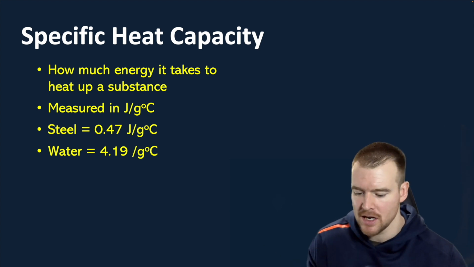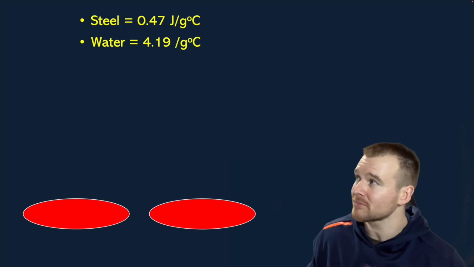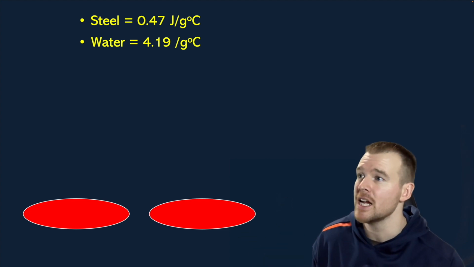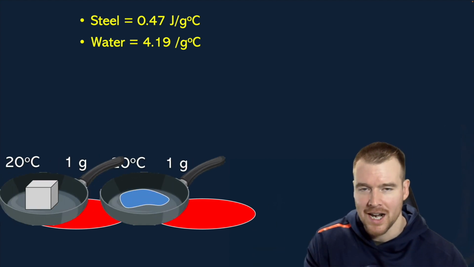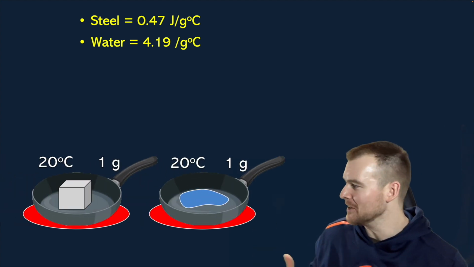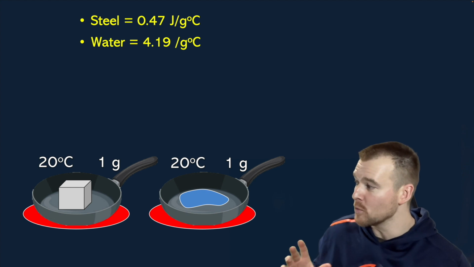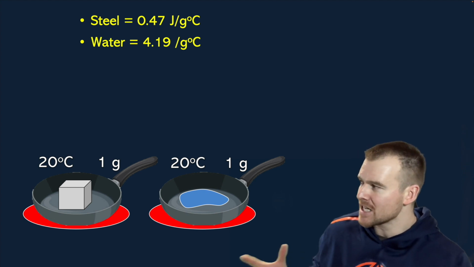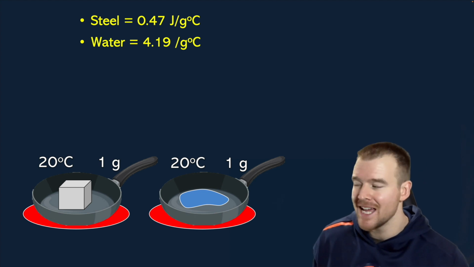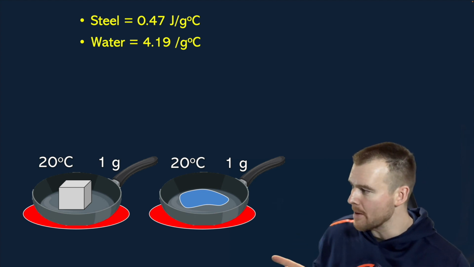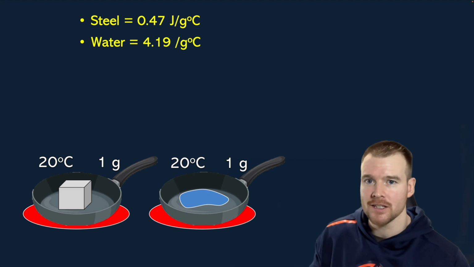Okay, let's look at that unit a bit more in an example here. So the steel is 0.47 joules per gram degree Celsius, water 4.19. So let's talk about heating some steel and some water here. And I chose 1 gram because this kind of shows what the unit is saying. It's saying how much energy in joules does it take to heat 1 gram by 1 degree Celsius.